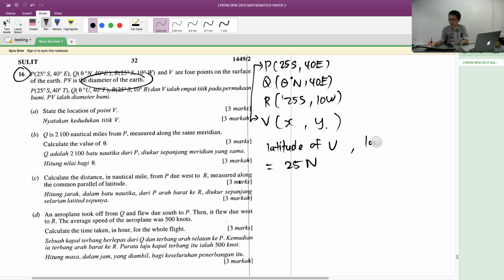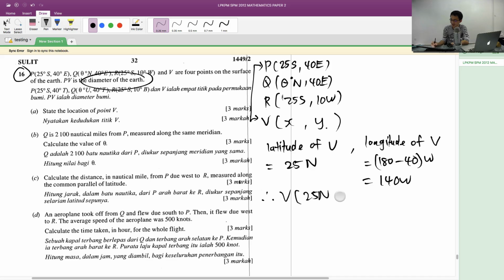And then you do longitude of V equals to 180 minus 40 west. So you get 140 west. Therefore, V equals to 25 north, comma 140 west.